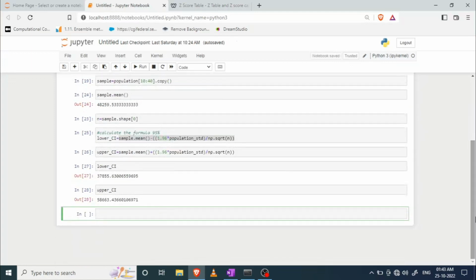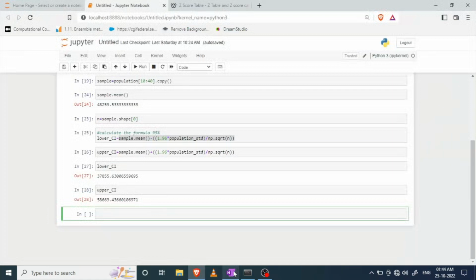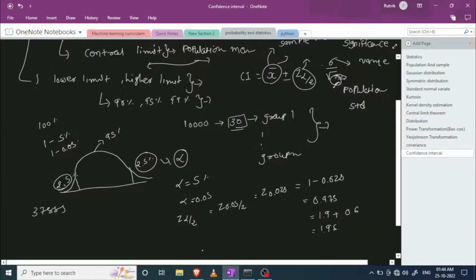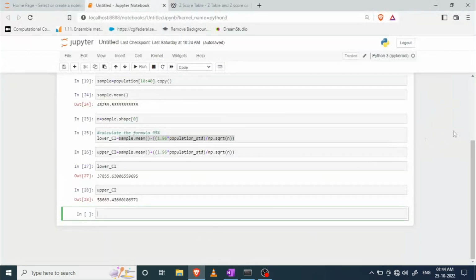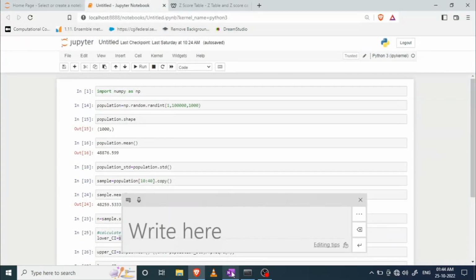So as you can see here, we have a range which is 37885 to 58663, whereas the population mean we have is 48876.